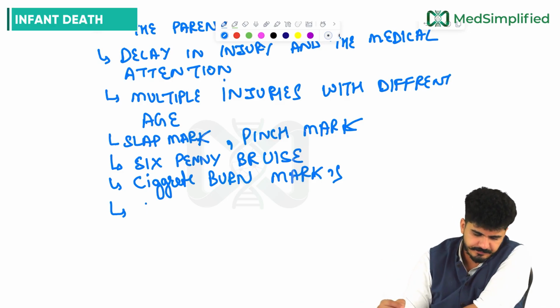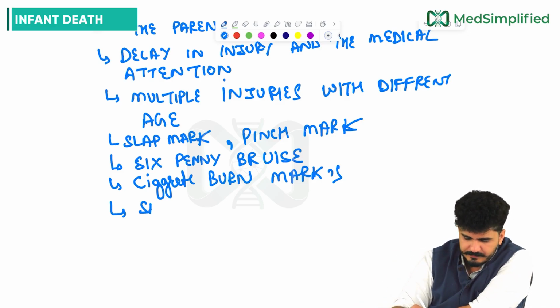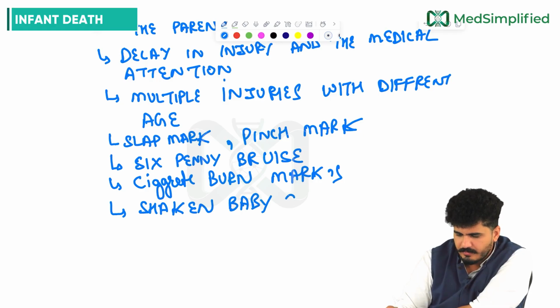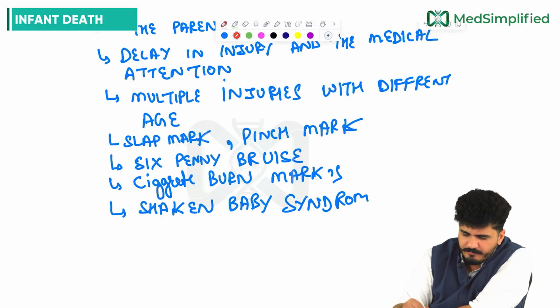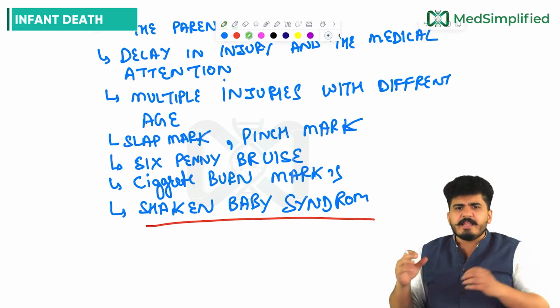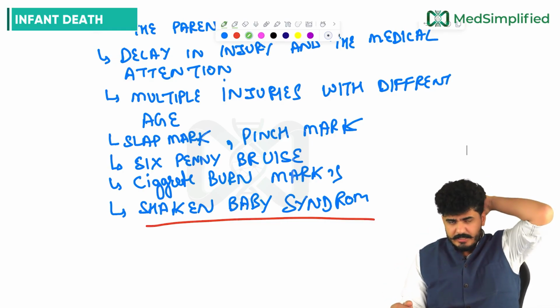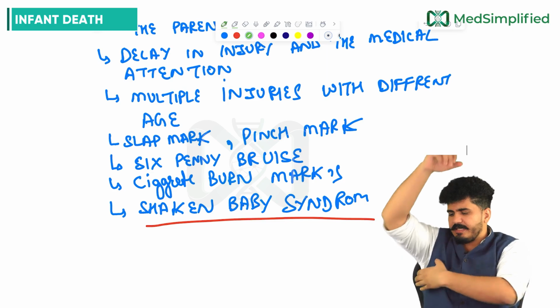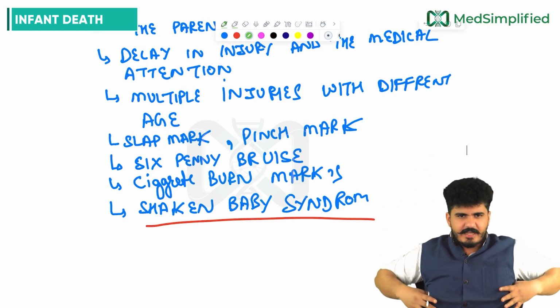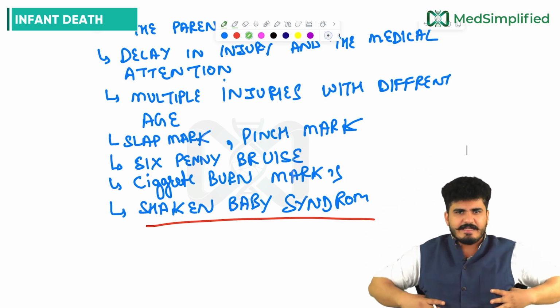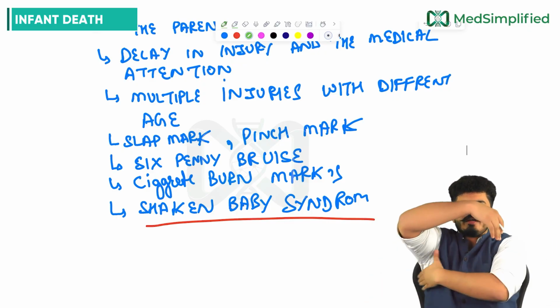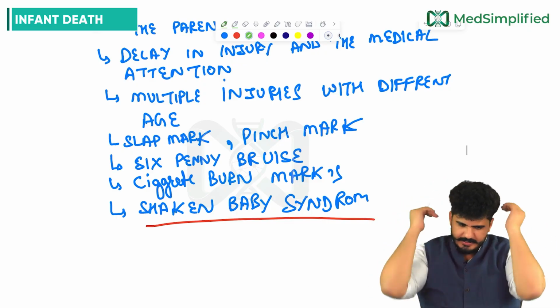Other than that, there is shaken baby syndrome. In this, they shake the baby like this. Because of the shaking, there will be injury to the head plus injury to the ribs. They use the axillary region for shaking the baby. So you get rib fractures here and also head injuries.